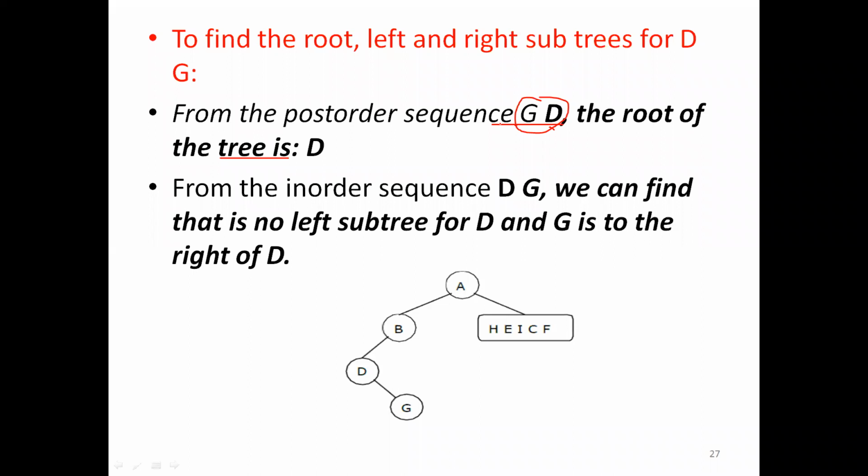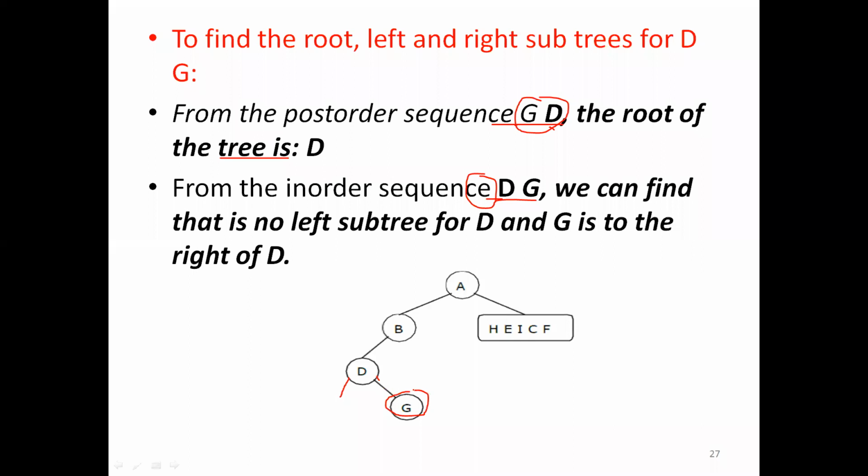Once the root node is known, I am just dividing. The in order sequence is DG. I'm dividing the in order sequence towards the left. There is no node before D, so there's no left child of D. But you have a node after D, G, that I make the right subtree of D. Once I make G the right subtree of D, it doesn't have any node at all.